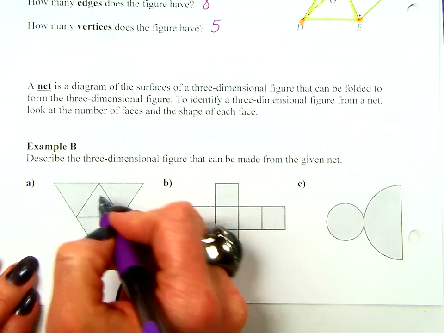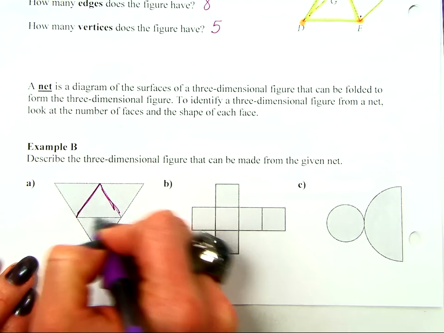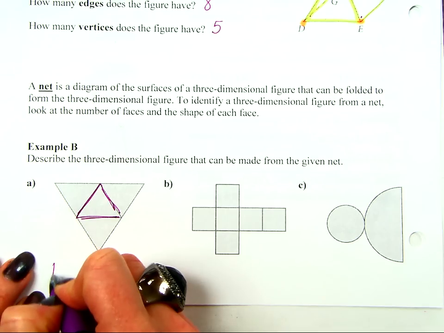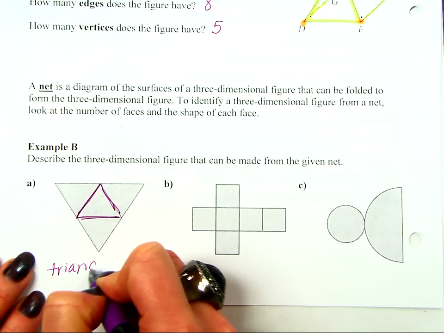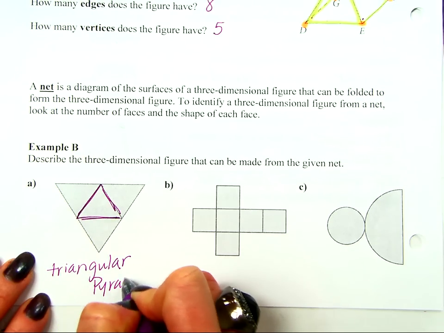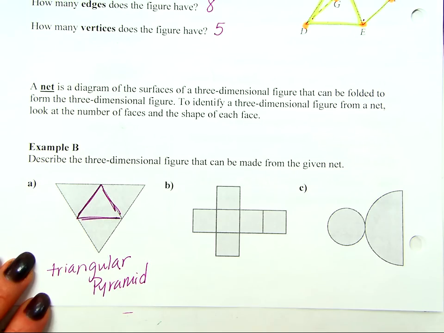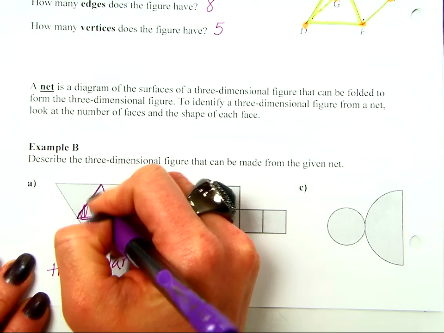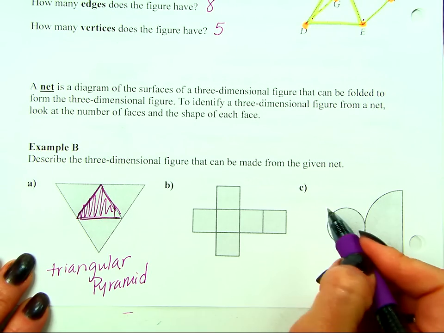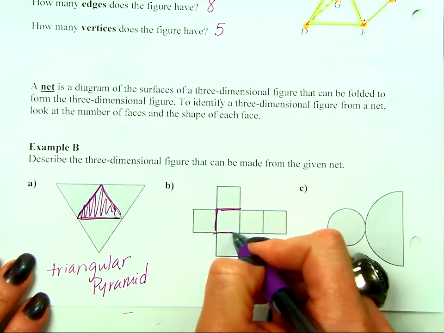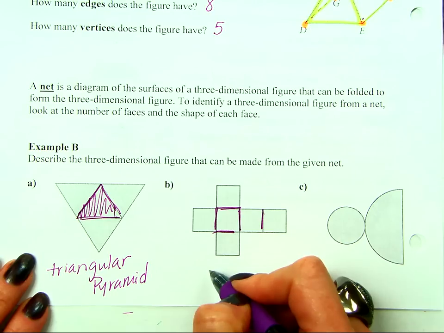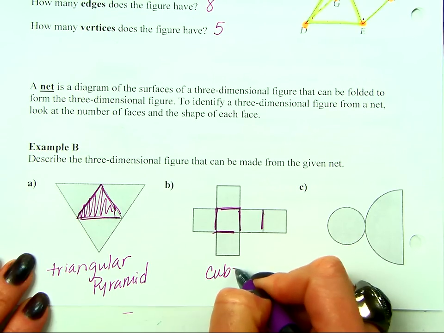In figure A, if I thought about folding along these edges, these triangles along the outside would fold up, and we would end up with a triangular pyramid, meaning this here would be my base. As I look at folding along all of those segments here, this would end up folding into a cube.